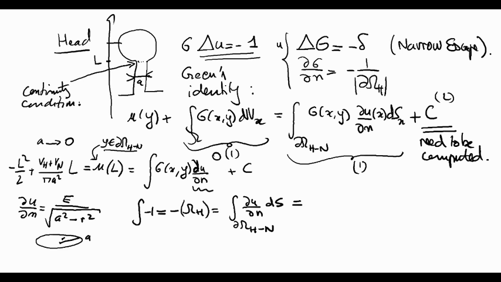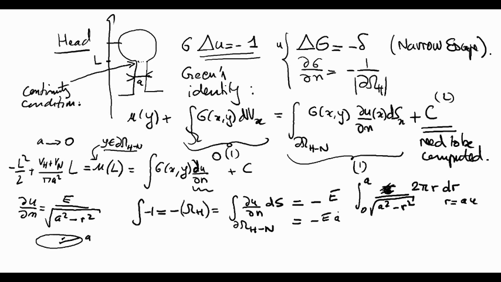Since we are looking for the orthonormal, this is going to be minus the integral from 0 to A of E over the square root of A squared minus R squared, and now we have to integrate 2 pi R dr. There is no need for A here, this is outside, so this is equal to minus E, and this integral can be calculated easily by changing R equals A u.